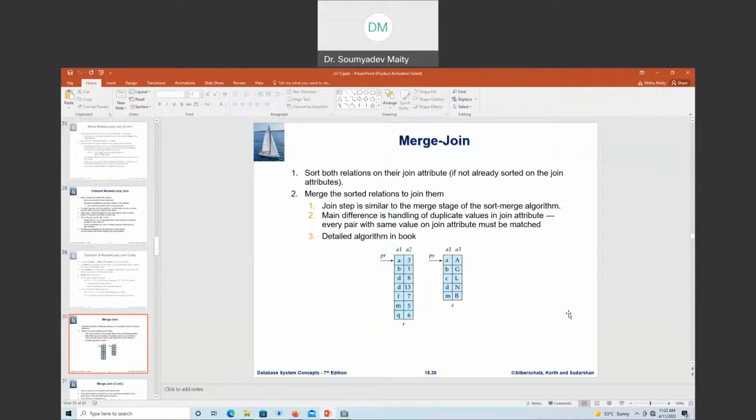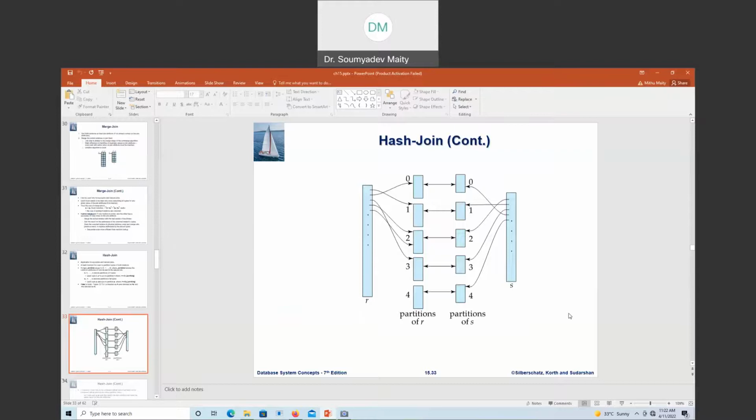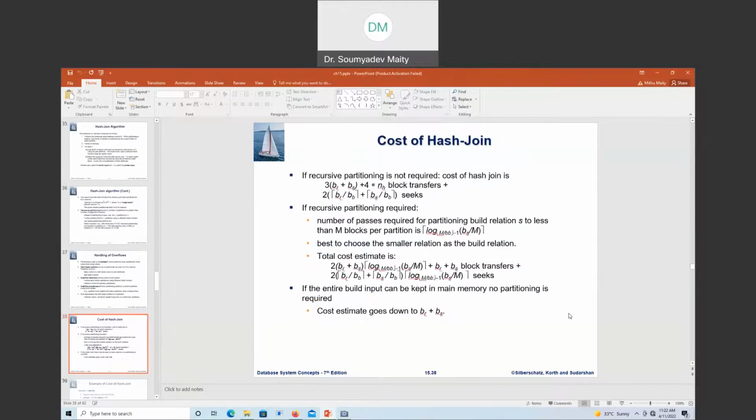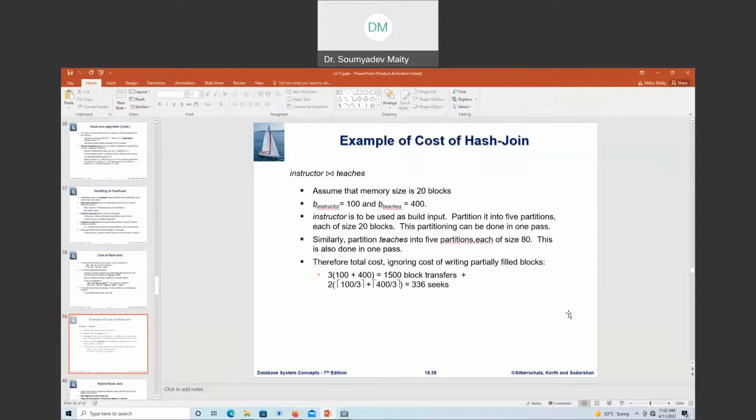Now there are other join algorithms also, like merge join, hash join, etc., which take the advantage of that external sort merge algorithm and hashing, but we'll not discuss these things in our syllabus. Just for the completeness of knowledge, we know that there exist some other algorithms also, like merge join and hash join.